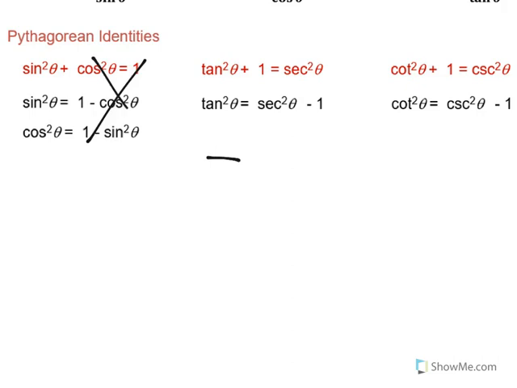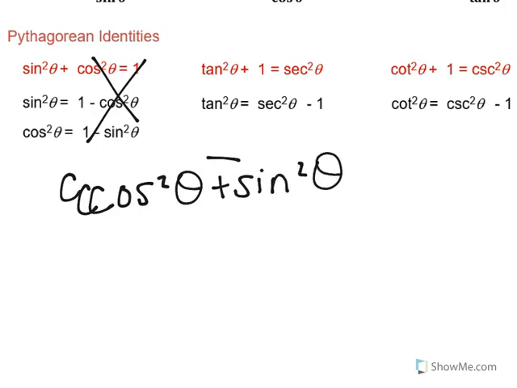But our first set of Pythagorean identities, and the most important Pythagorean identities, is cosine squared plus sine squared is equal to 1. So anytime I have cosine squared plus sine squared, I can just substitute, cross them out and set them equal to 1, and that's a beautiful thing.